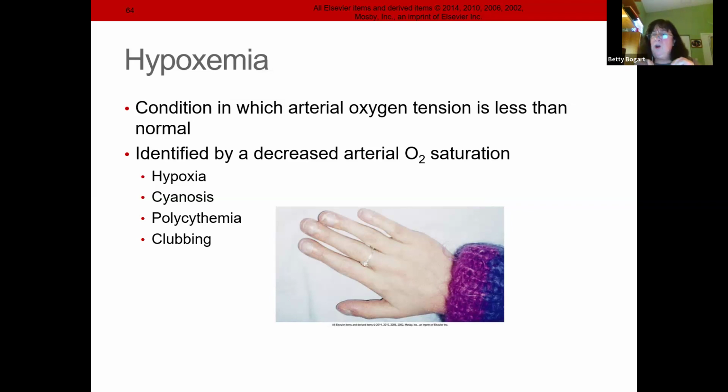But when your body doesn't get enough oxygen for a period of time, what your body says is, let me produce more red blood cells, because red blood cells have oxygen, right? And carry it to the body. So the body keeps producing red blood cells, but there's still no oxygen in that child. That's called polycythemia, and that's why it happens. And that's a good picture of clubbing on a younger child.